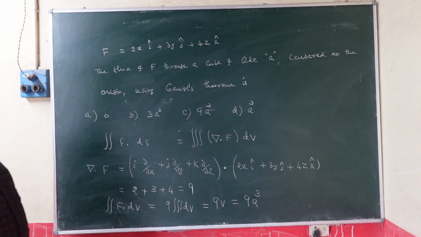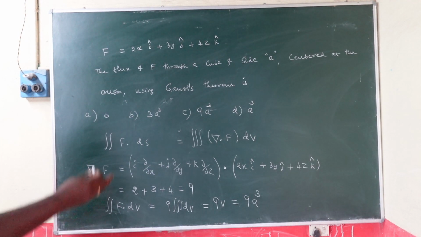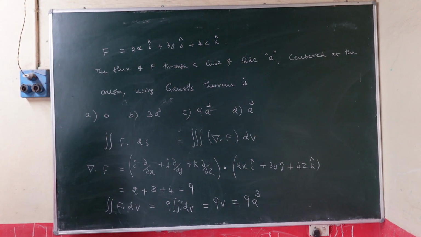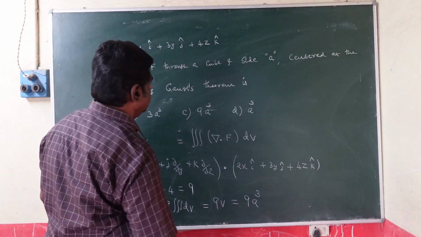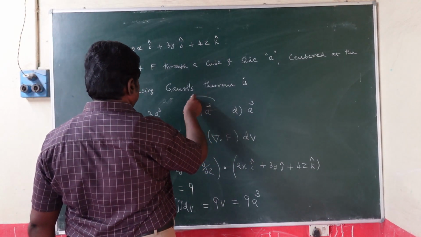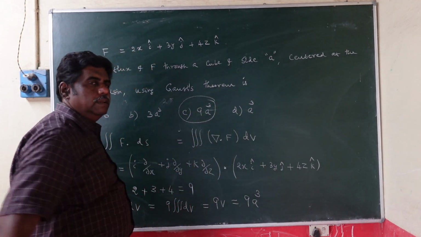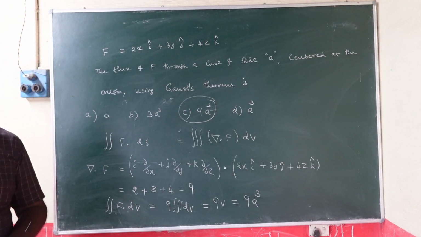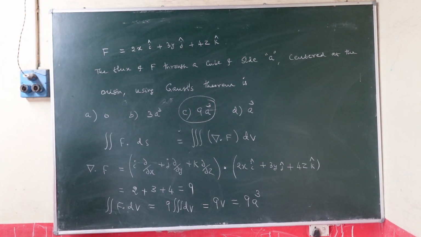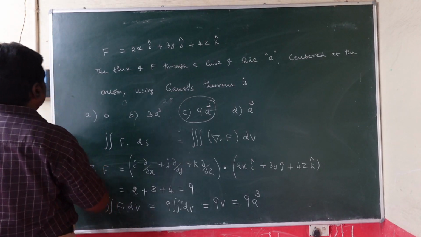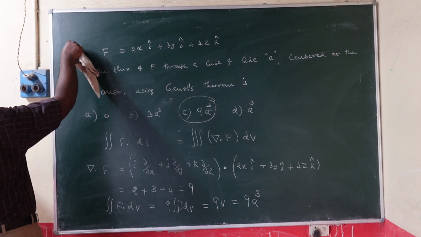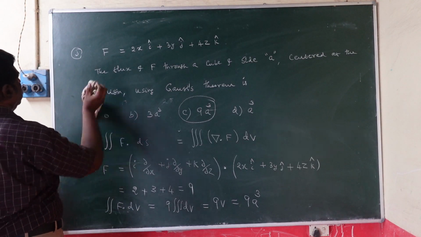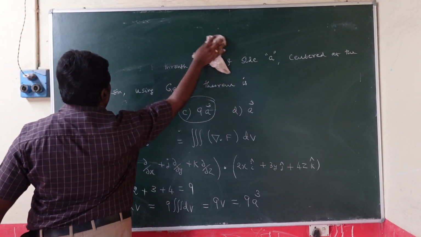Volume of the cube is A cube because the side value is A. Therefore, option C is the correct answer. This was the third problem. Now we may go to problem number 4.